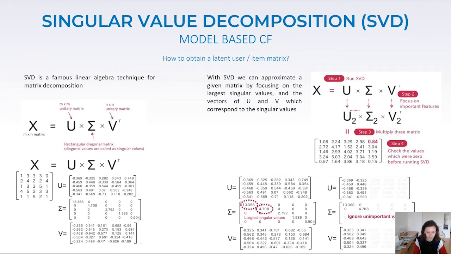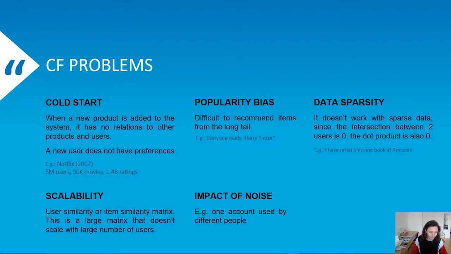Then after doing that, you generate new matrices: U2, sigma 2, and V2 matrix. And the resultant X matrix is the matrix factorized.